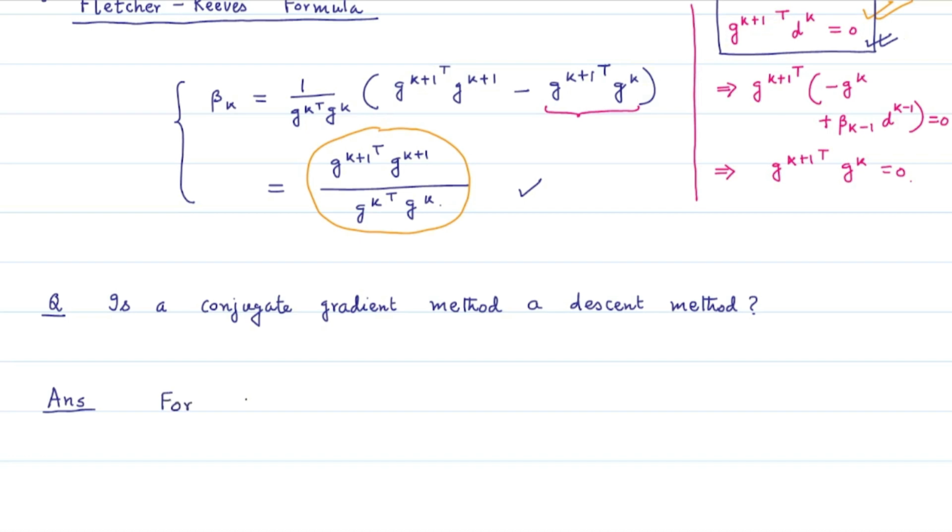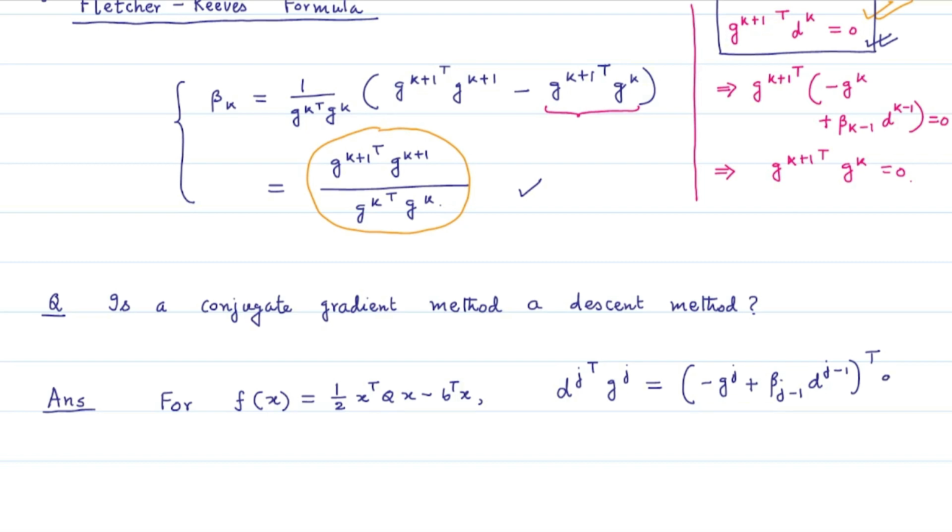For such a function, the direction d_j in the conjugate gradient method is given by minus g_j plus beta_{j-1} d_{j-1}, and its transpose times g_j is equal to minus g_j transpose g_j.